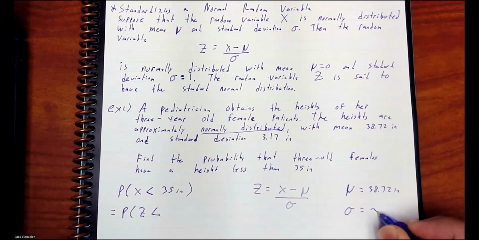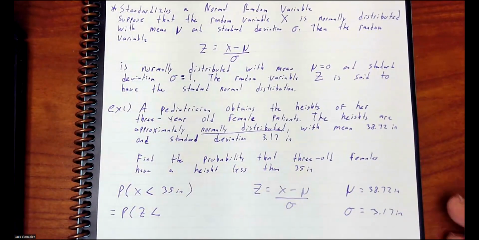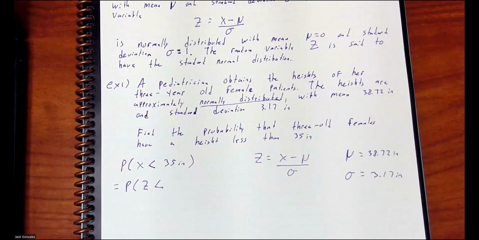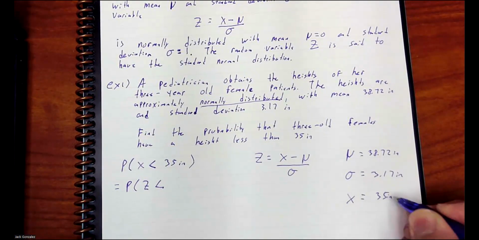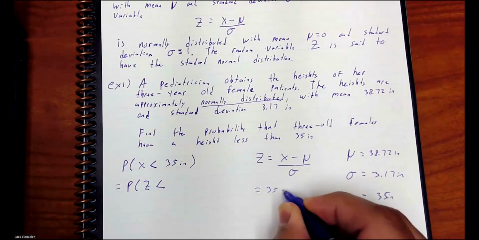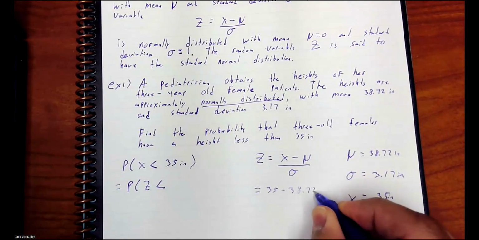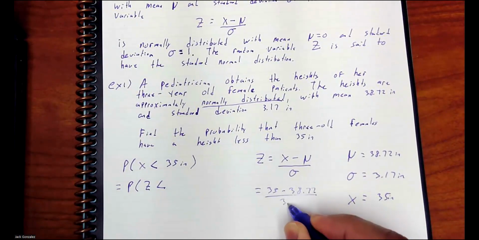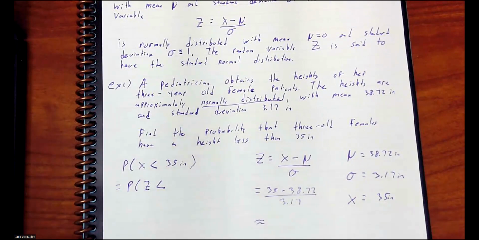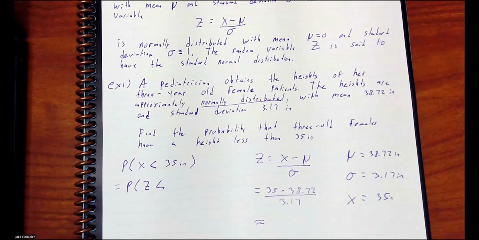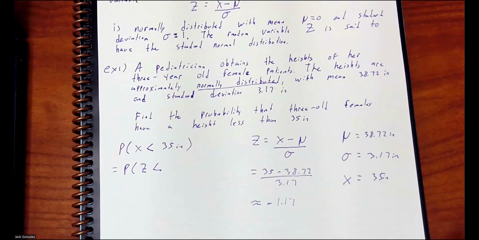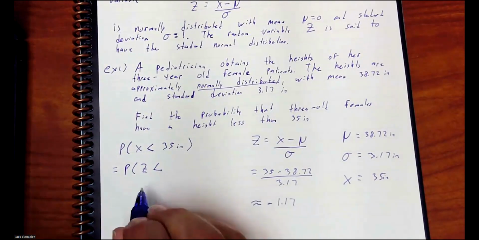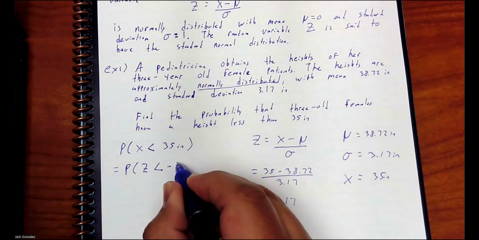Sigma is equal to 3.17. Plug it all in. The x in question is 35. So this will be 35 minus 38.72 over 3.17. That should be about negative 1.17. So convert this to z less than negative 1.17.